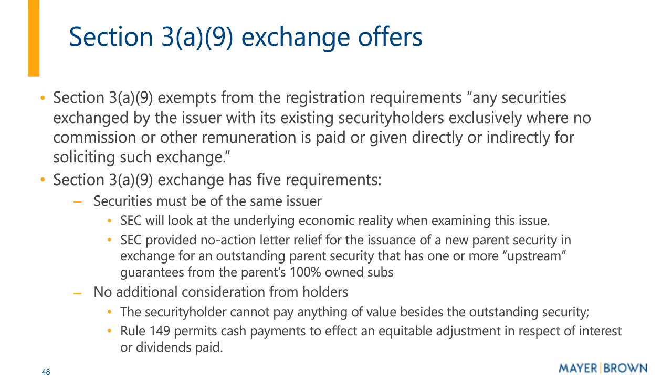So you can have a solicitation agent or an information agent that isn't getting paid transaction-based compensation, and where the only consideration to exchanging holders is other securities of the same issuer. There's a lot of history and lots of no-action letter guidance regarding who constitutes or what types of entities constitute the same issuer. And so that bears close consideration.